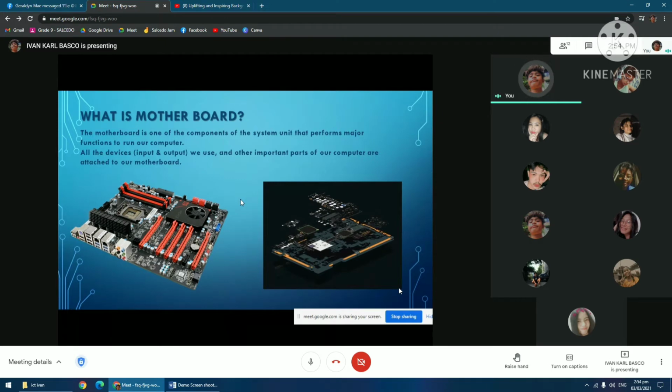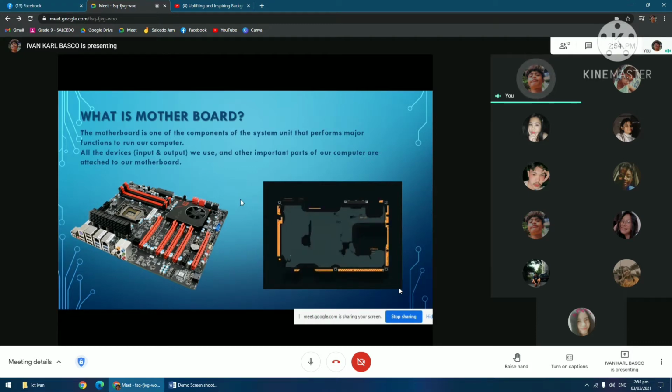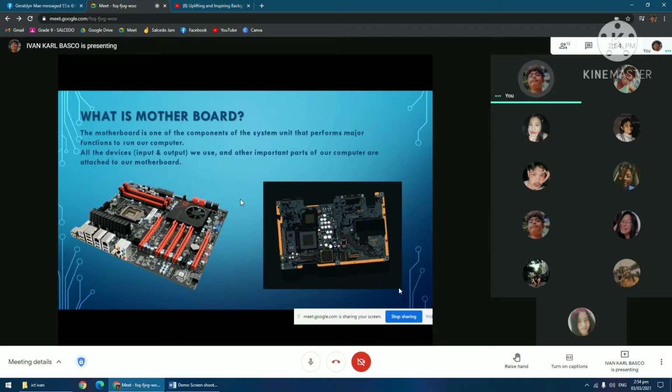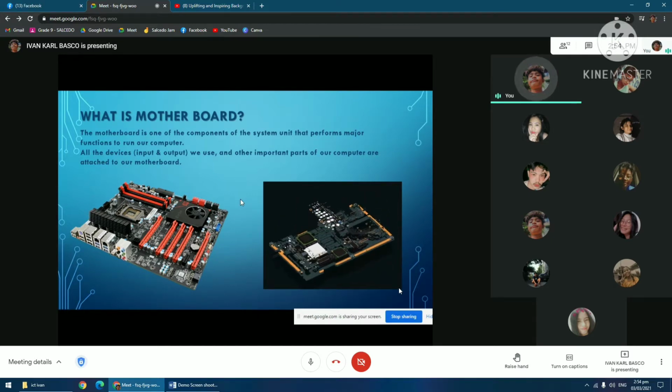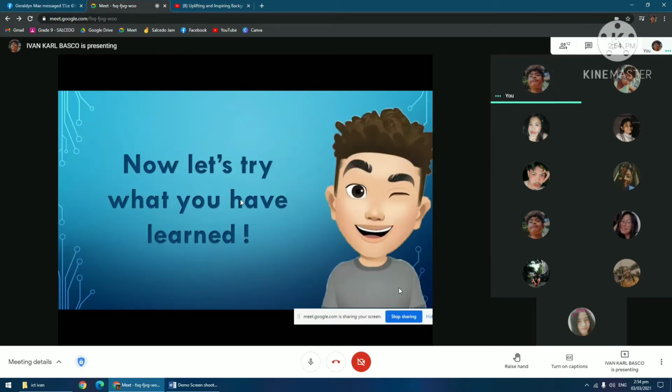All the input and output devices we use, and other important parts of our computer, are attached to our motherboard. That's why our motherboard is considered the heart of our computer, because all the circulation of blood, or circulation of data, happens in our motherboard.